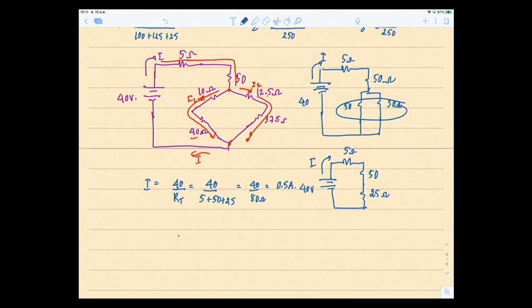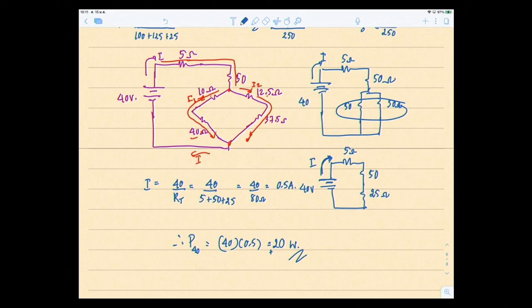Therefore, the power of the 40 volt source is 40 times 0.5, equal to 20 watts, supplying. The answer is positive, and the current leaves the positive side of that element, which means this element is supplying power.